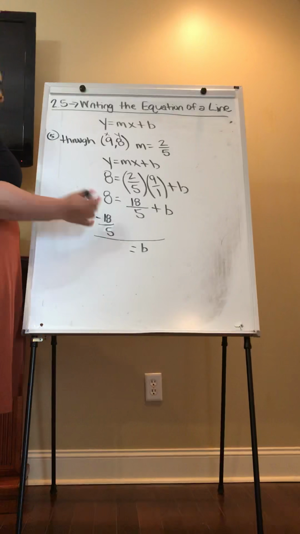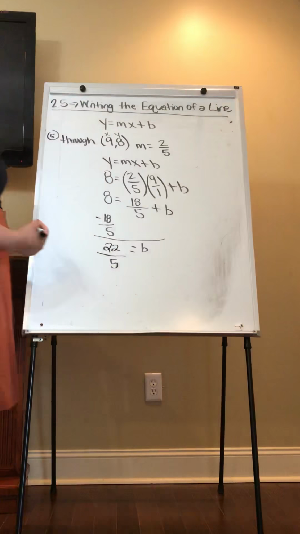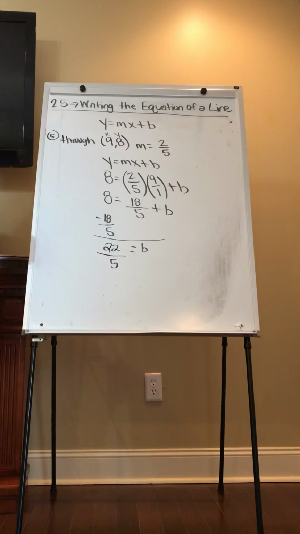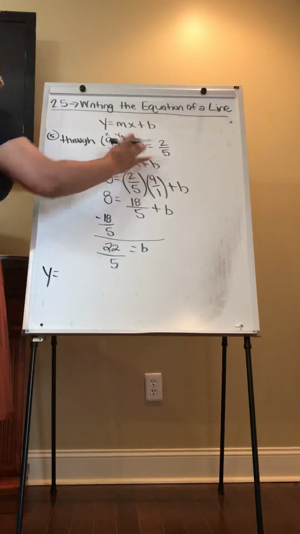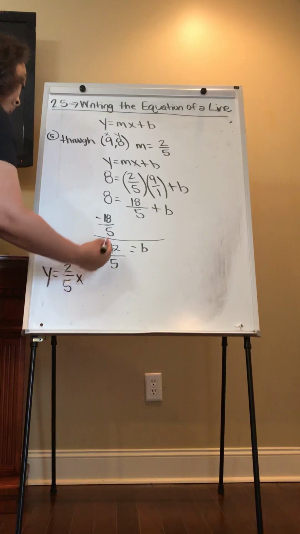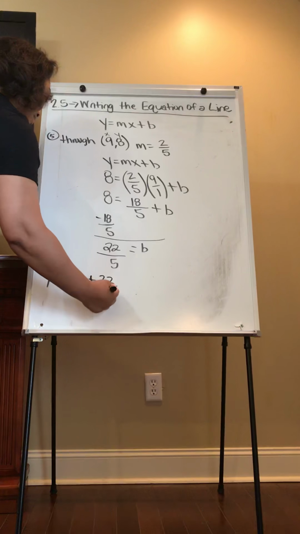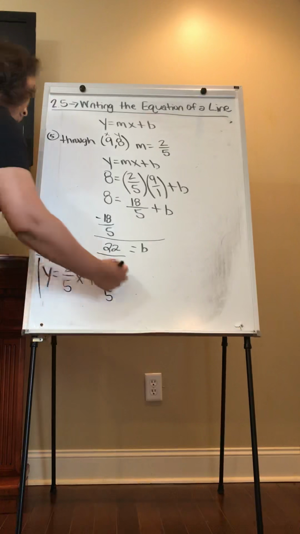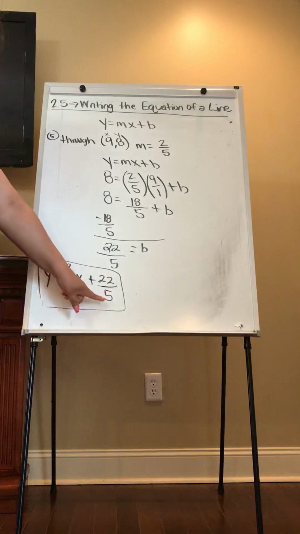So when you subtract, that would give you a 22 over 5 for your b. So my equation would be y equals, my m is 2/5 x plus 22/5. Again, this is your m and this is your b.